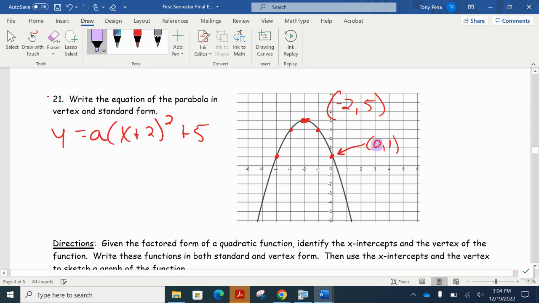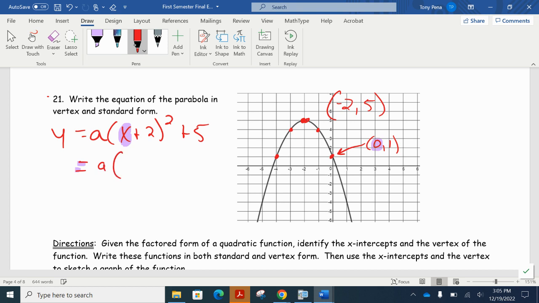Notice how this x coordinate, I'm going to just replace that in the x in the equation. That's going to be a 0, and then plus 2 quantity squared plus a 5. Y coordinate in that point is a 1, so I'm going to replace that y coordinate with a 1. And then now we have our a that I can solve for. So 1 equals a times 2 squared, and then plus 5.